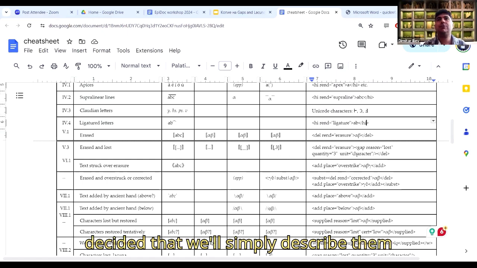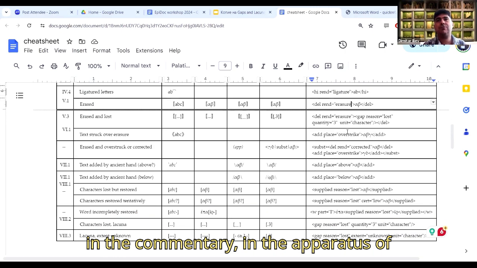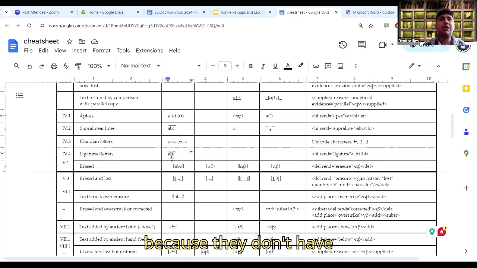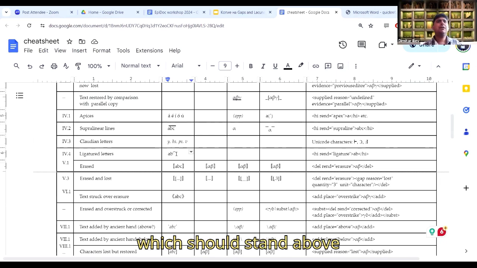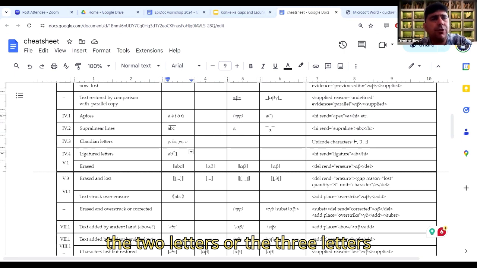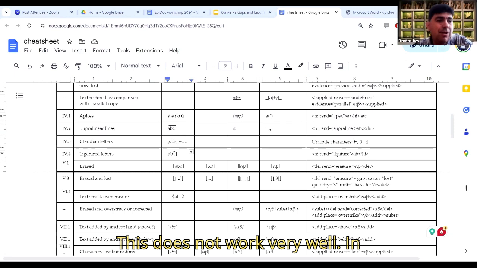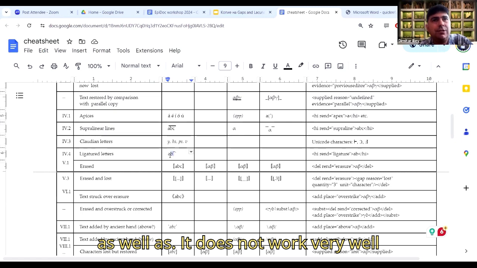So we decided that we'll simply describe them in the commentary and the apparatus of the inscription. All the more because they don't have special visualization. In some editions, they're visualized by this small curved line, which should stand above the 2 or 3 letters which are ligatured, but this does not work very well in the different printed outputs, as well as it does not work very well here, as you can see.